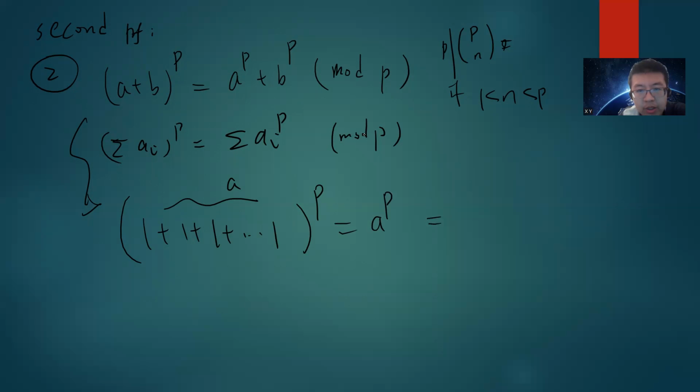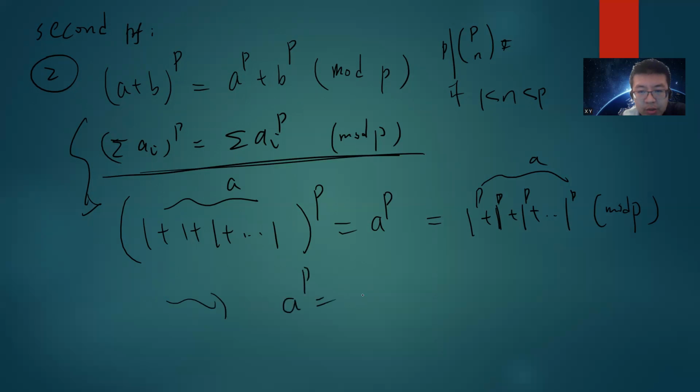But in the mod p field, I can write 1 to the p plus 1 to the p, a of them, mod p. So I get a to the p equals a mod p. Now notice that a is coprime to p, so this implies that a to the p minus 1 is 1 mod p.